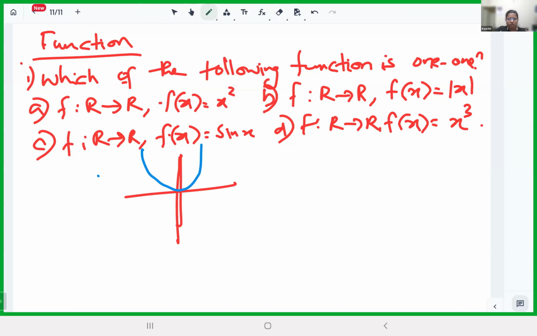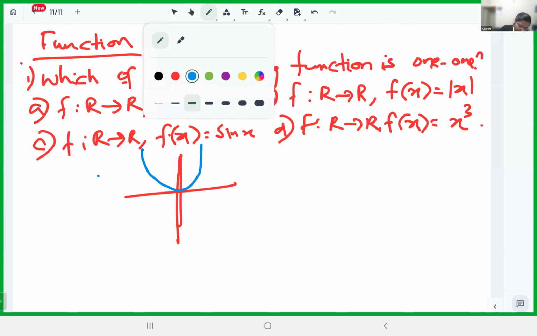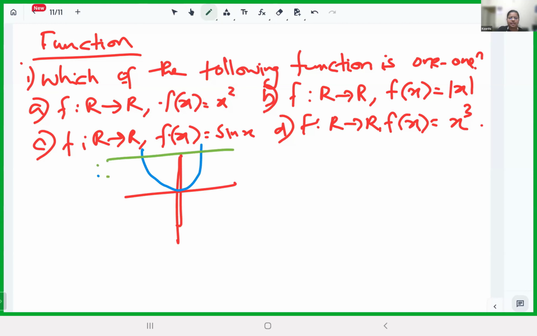In order to check whether a function is 1-1, we have to draw horizontal lines along the graph, that is, lines that are parallel to the x-axis. If it touches the graph in more than one point, it is not 1-1.